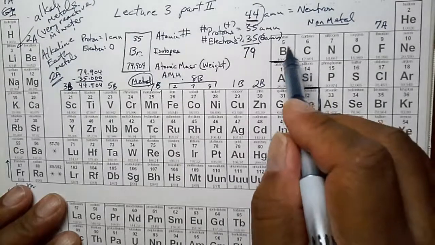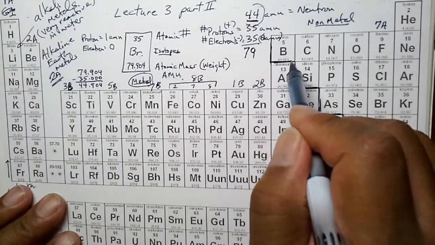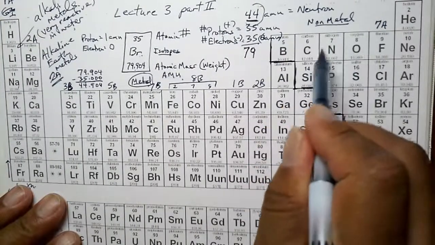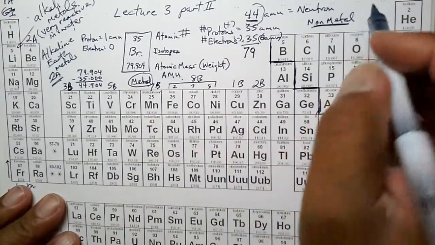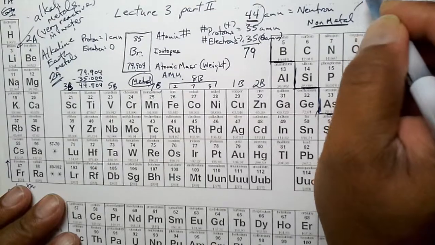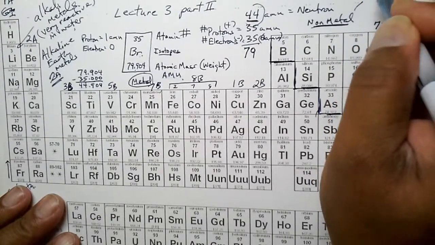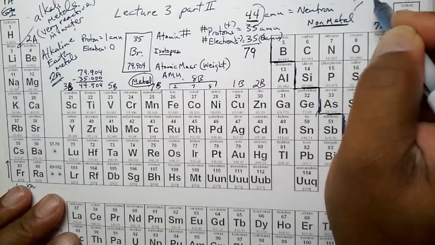And so everything on this side of this diagonal, these are what are called nonmetals. So what are the characteristics of nonmetals? They're brittle, non-conductive.